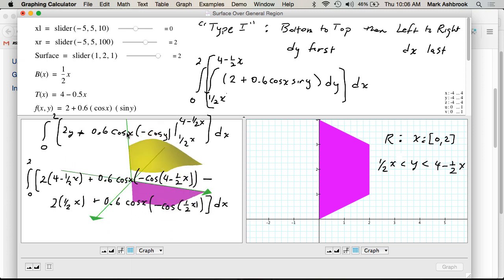Everything below the gold down to the pink would be the volume of that. Okay, so let's have you try something easier.